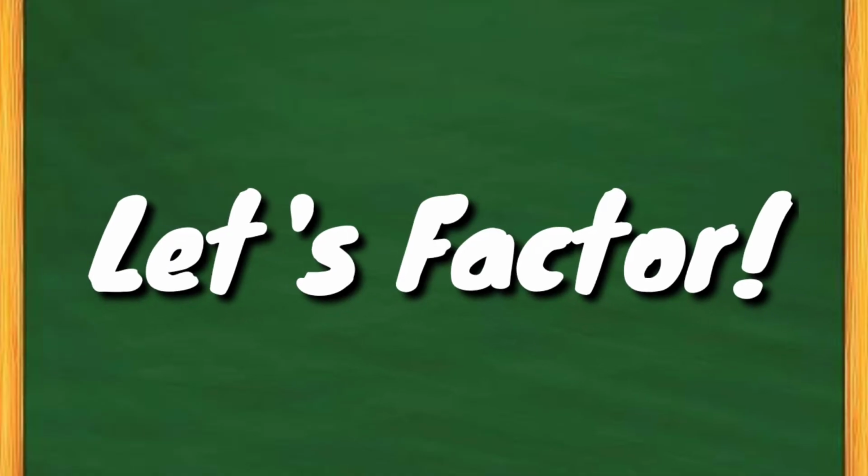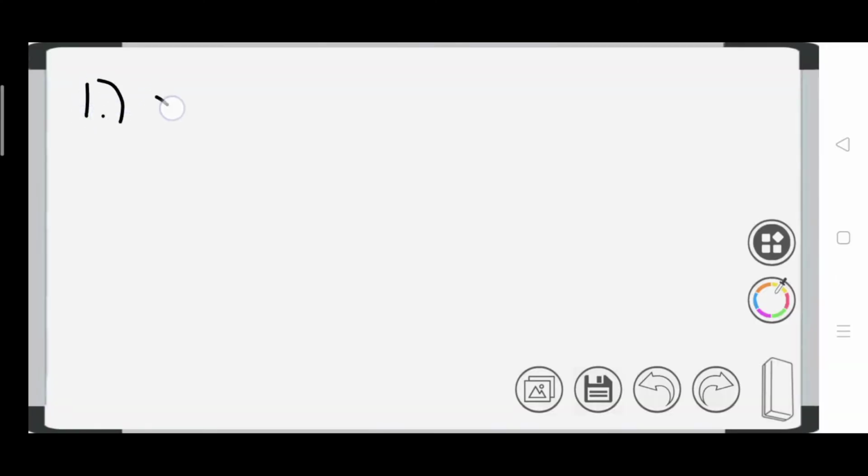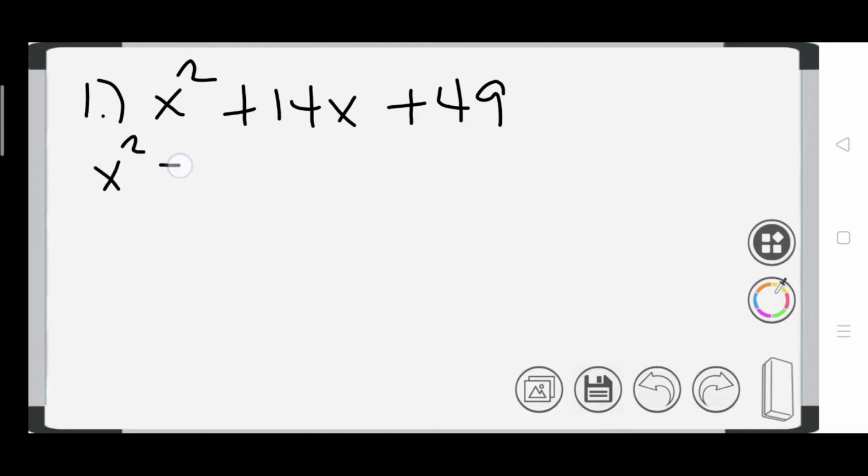Now, let us factor. Gamitin natin yung mga examples na nasa module ninyo. Number 1, x squared plus 14x plus 49. So ito raw ay isang example ng isang perfect square na trinomial kasi yung first term niya ay perfect square.